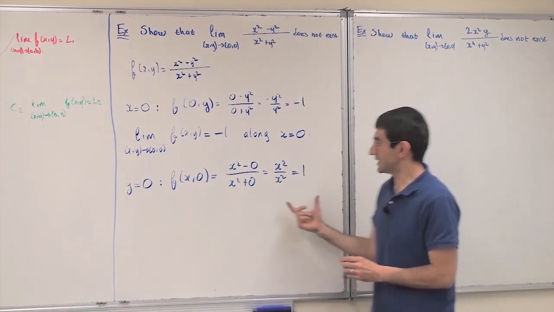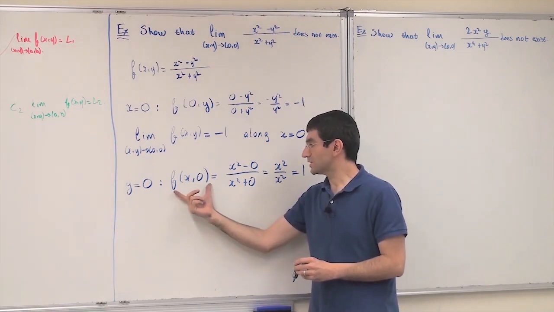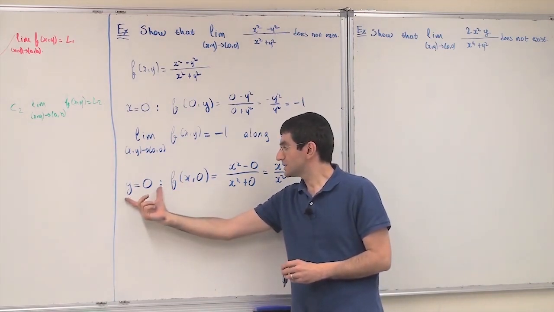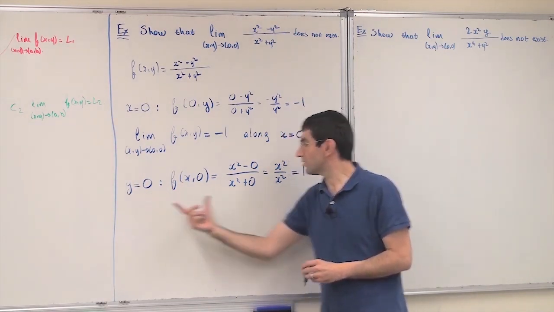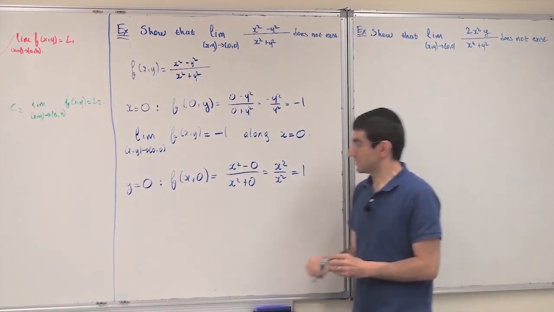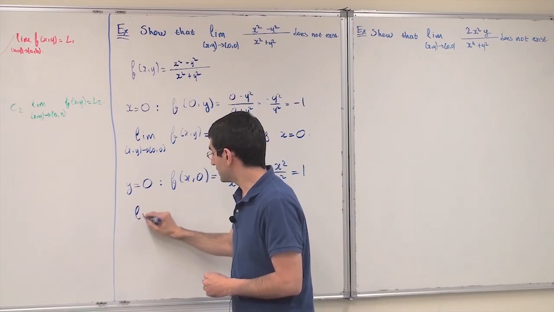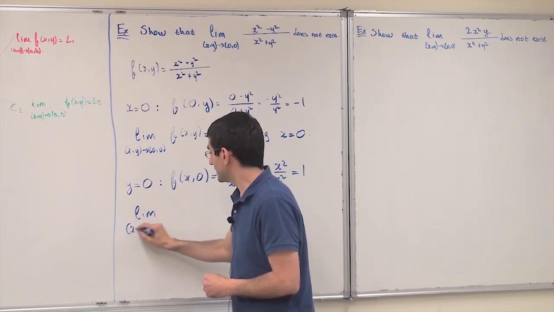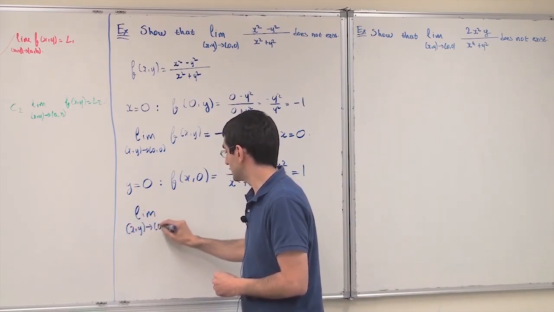So this means again that our function along this path y equals 0 is always equal to 1. So it is a constant, and therefore its limit is equal to that constant.